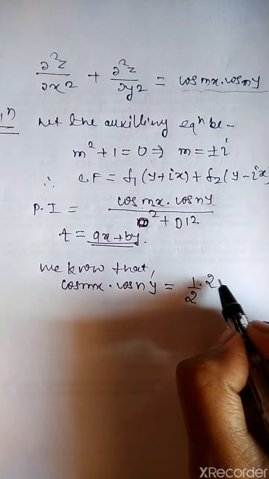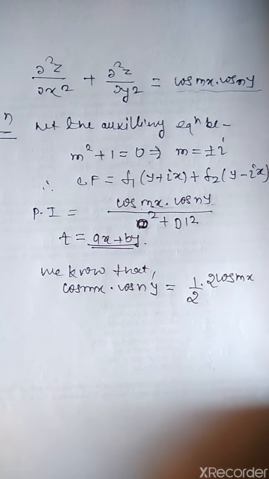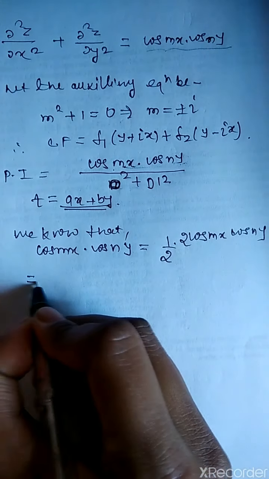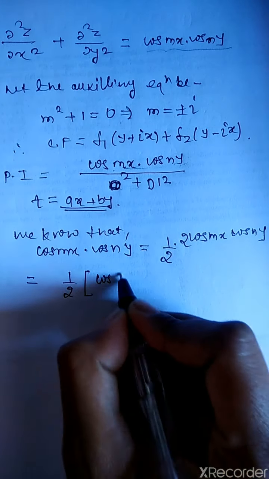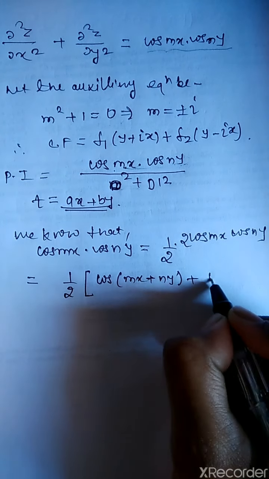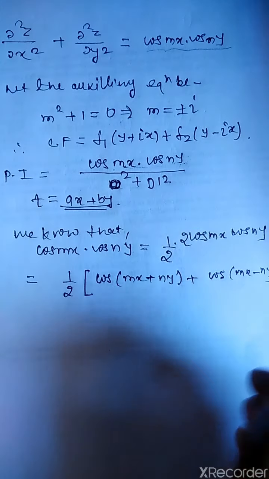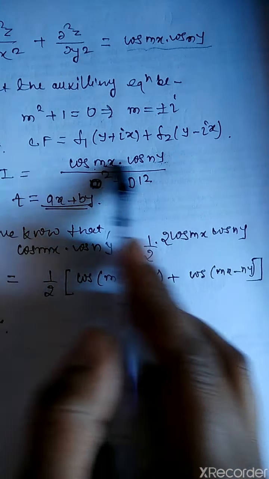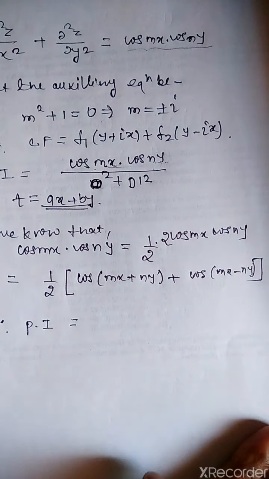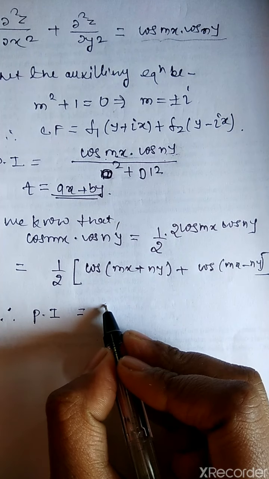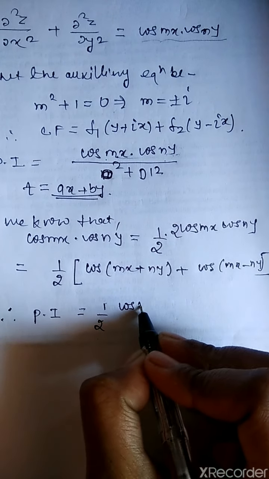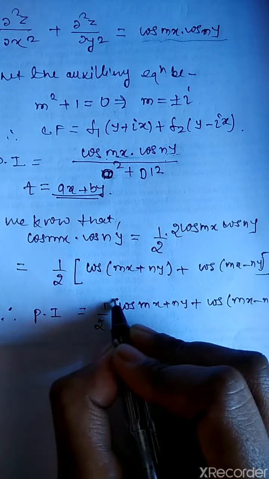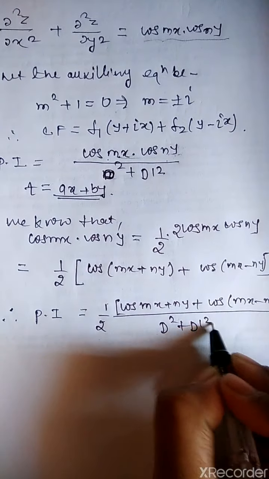By dividing by 2 and multiplying by 2, we change this into the form: cos mx cos ny equals half of cos(mx + ny) plus cos(mx - ny). Therefore, our PI can be written as half of cos(mx + ny) plus cos(mx - ny), divided by D square plus D dash square.